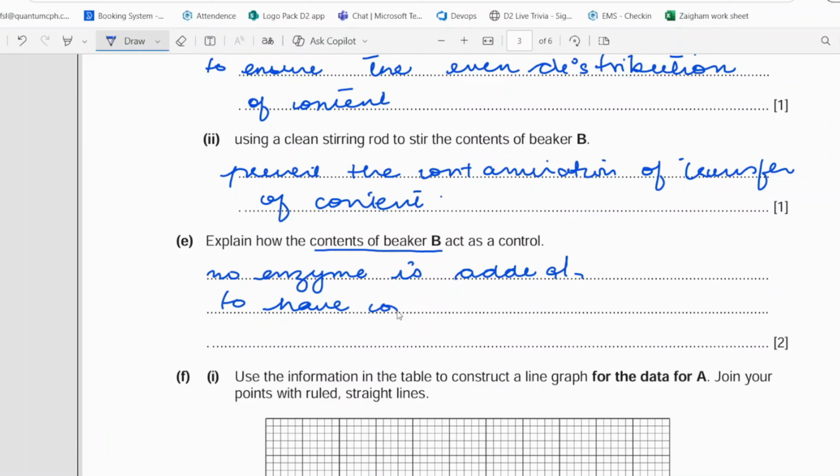To have comparable results. So since no enzyme is added, you can say no enzyme is added. Hence, only one variable is changed. Okay.